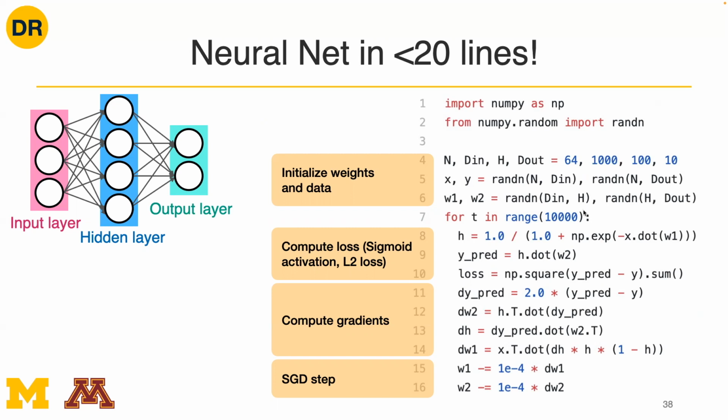Then we go through a set of training examples, or maybe it's just during inference. We go through a set of examples of images and compute a loss. In this case, it's a sigmoid activation with an L2 loss, and then the gradients based on that chosen loss and activation function, and we're even training the network.